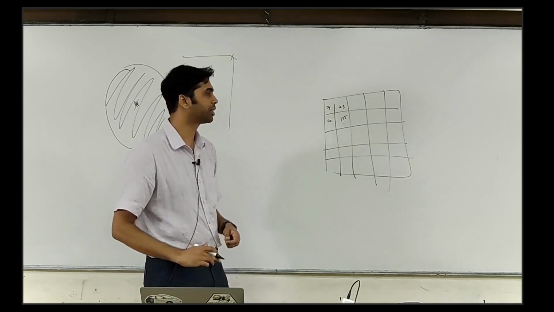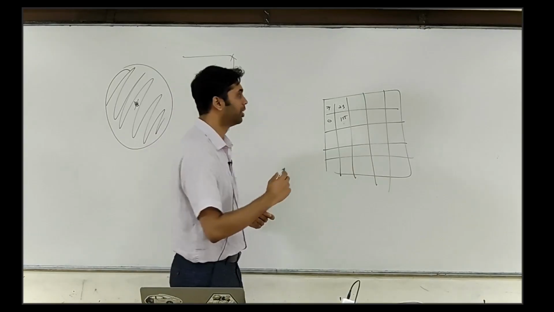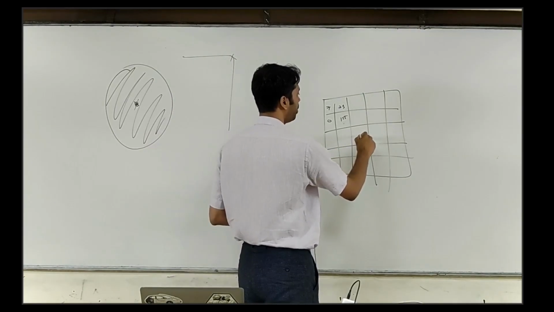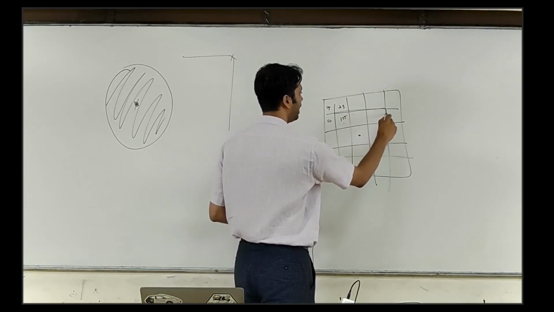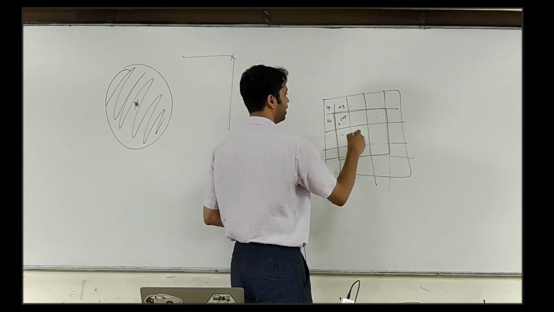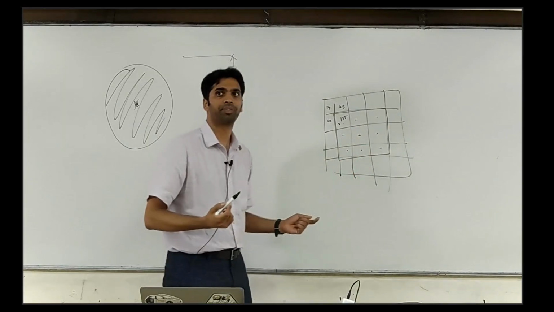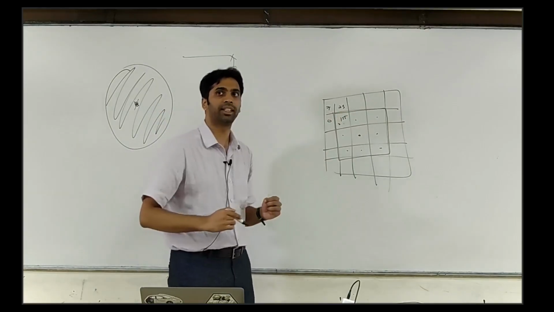When you do a convolution, let's say a 3 cross 3 convolution around this pixel, you'll take the kernel values and multiply them with the image intensities that are below.